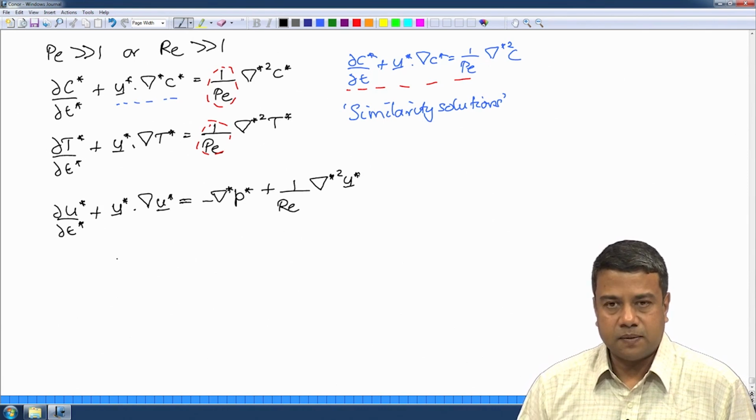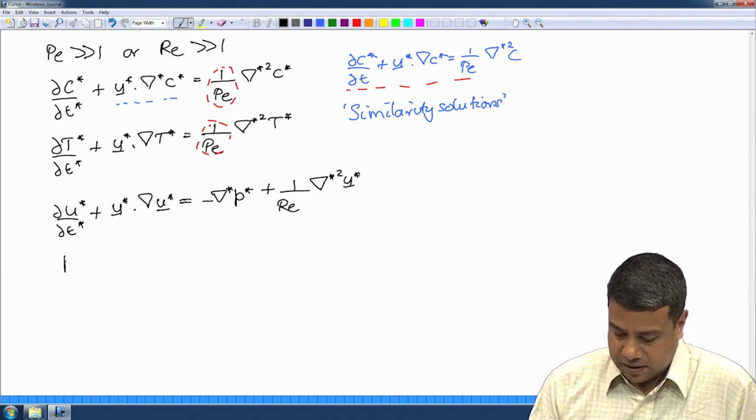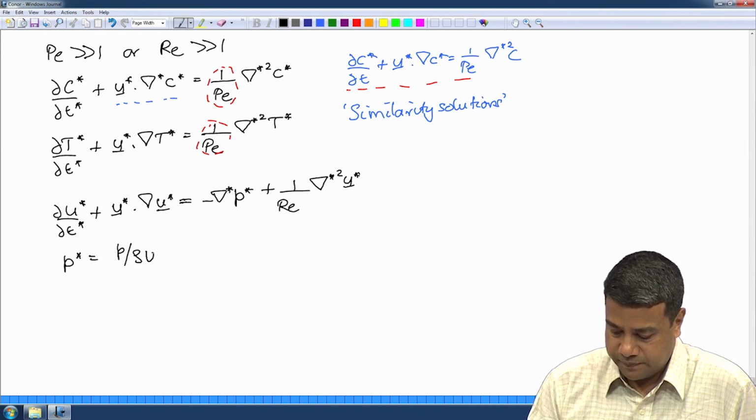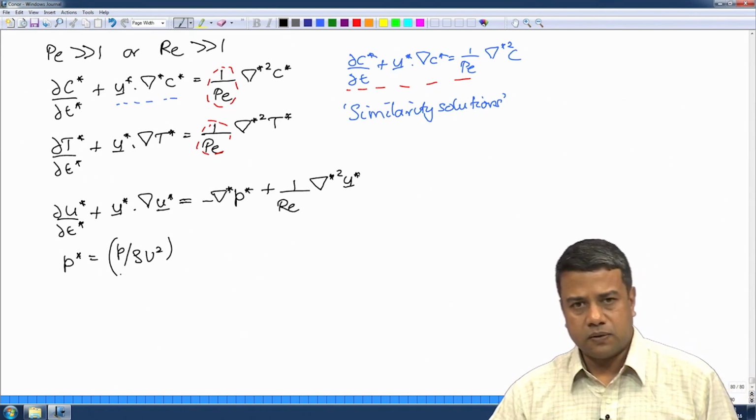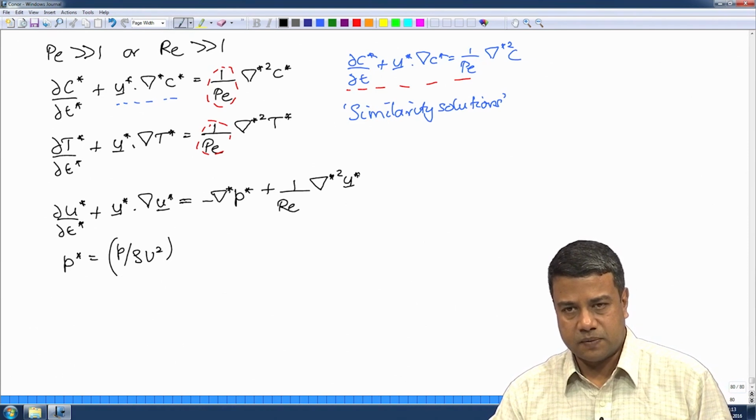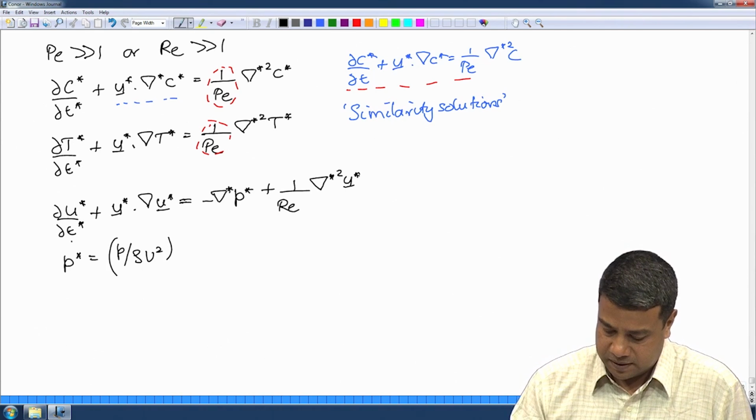In this case, if I take the limit of high Reynolds number, the pressure has to be actually scaled by the inertial scales. I will not go through the derivation. If you scale the pressure by the inertial scales and simplify the equation, you will get an equation of this kind.